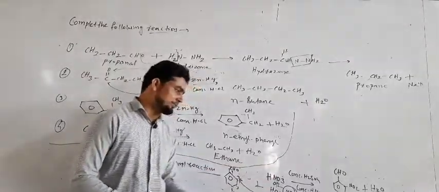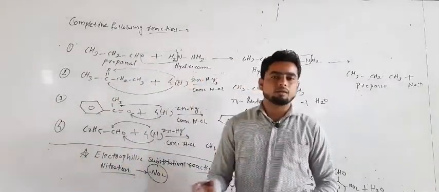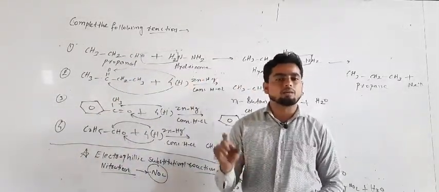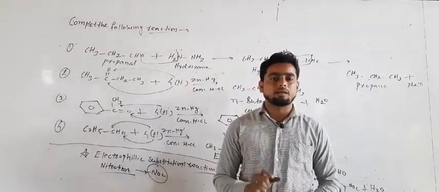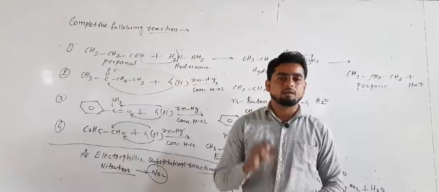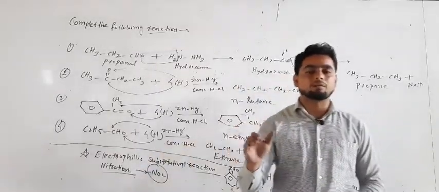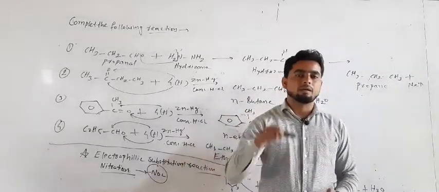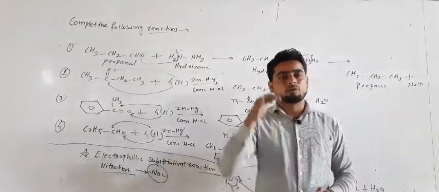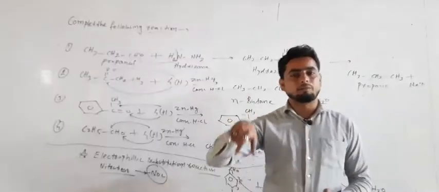ये क्वेश्चन भी आता है बेटा आपको कि why in the aldehyde and ketone the electrophile attaches to the meta position. So the answer is that the aldehyde and ketone contain a carbonyl carbon, which acts as an electron withdrawing group. This carbonyl group is attached to the ortho and para carbon. It accepts the electron from the ortho and para carbon, and that's why it does not attach to the meta carbon.